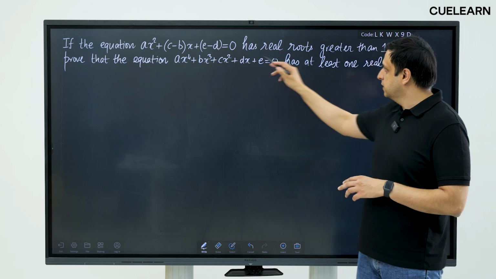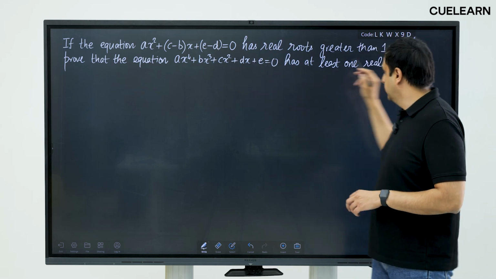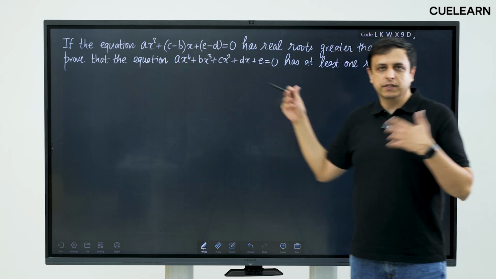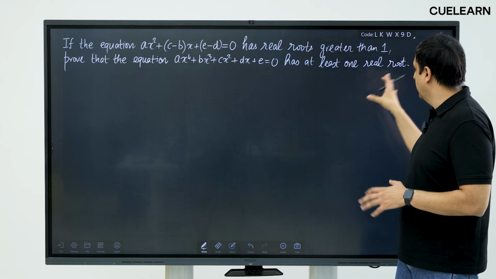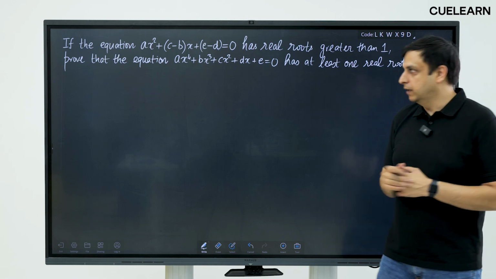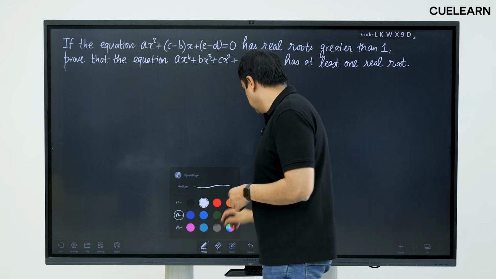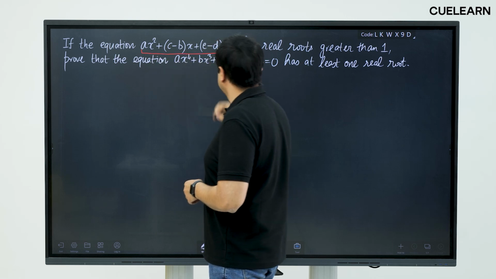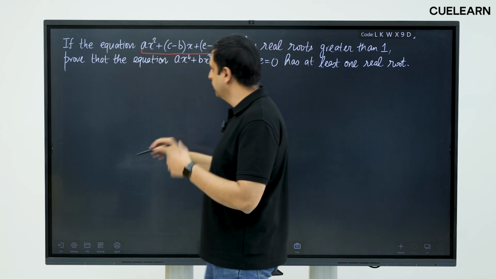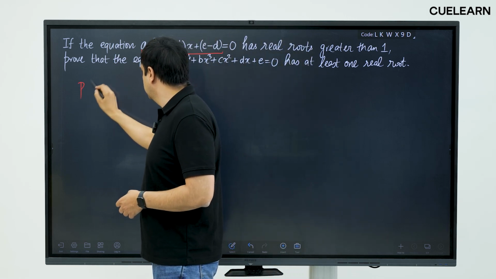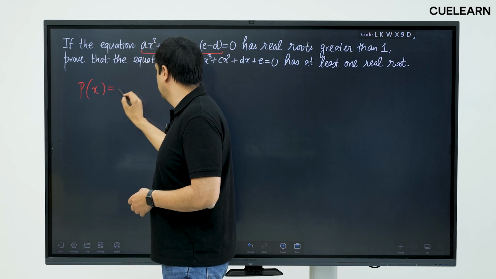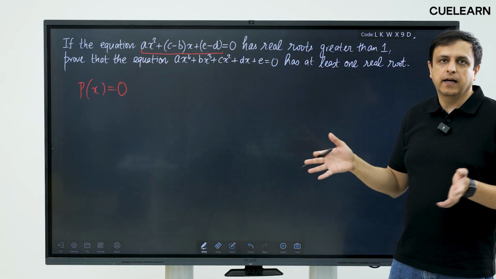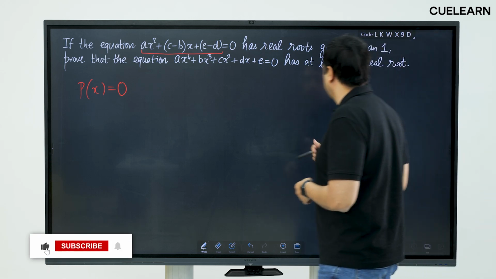So, given that the first equation, a quadratic, has real roots greater than 1, we have to prove that the second equation, which is a fourth degree equation, has at least one real root. If I just reframe this a little bit and take this quadratic expression to be the polynomial p of x, then we are told that p of x equal to 0 has real roots greater than 1, or p of x has real zeros greater than 1.